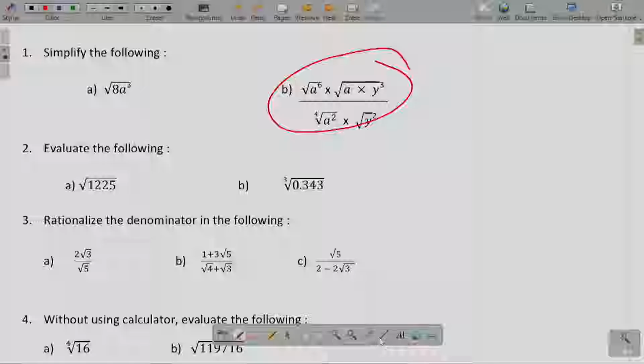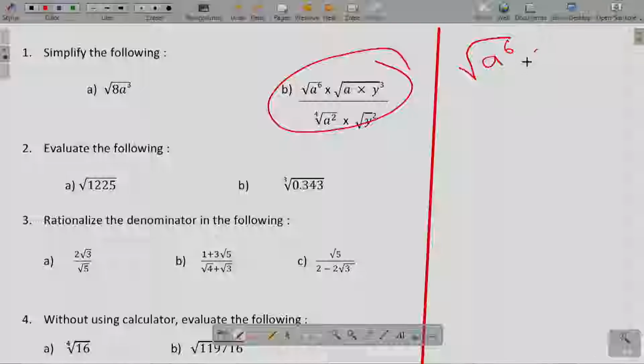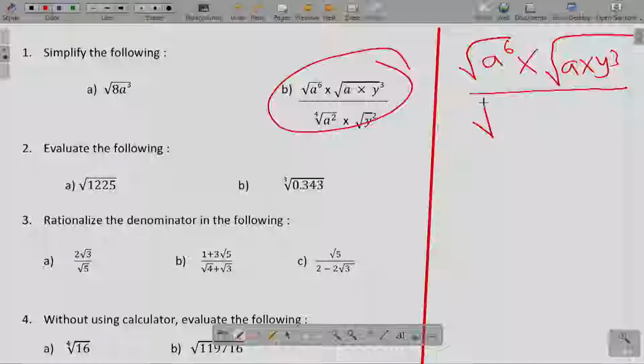This one we have to simplify: the square root of a to the power 6 times the square root of a times y cubic, over the fourth root of a square times the square root of y square.